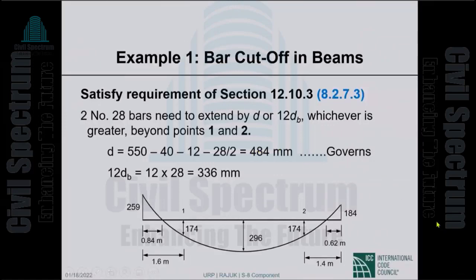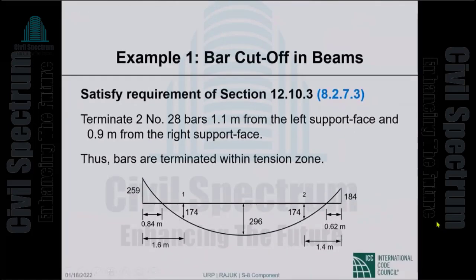484 millimeters is the required extension beyond where the bars can be theoretically cut off. Okay. So terminate two number 28 bars, 1.1 meters.